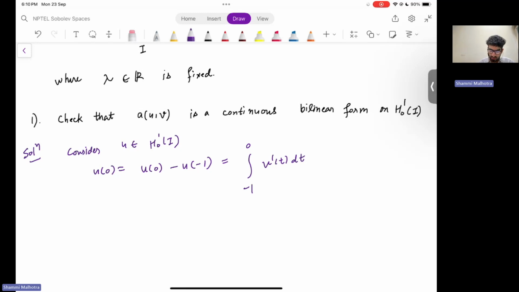We have this equality almost everywhere, and basically we are replacing the function u with its continuous representative, so in that sense we are taking the equality here.